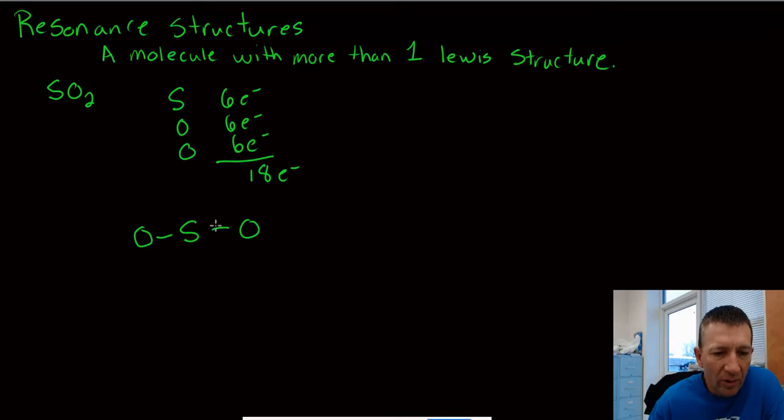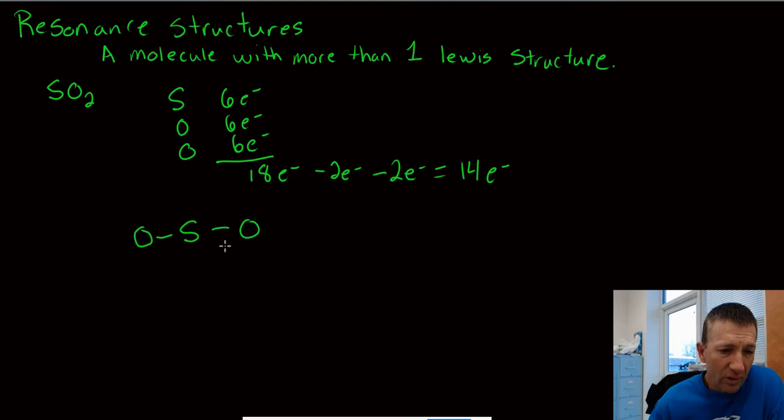Now, if you remember, each one of these bonds right here is 2 electrons. So 18 minus 2 electrons used up here, and 2 electrons used up here, so minus a total of 4 electrons, equals 14 electrons left over.